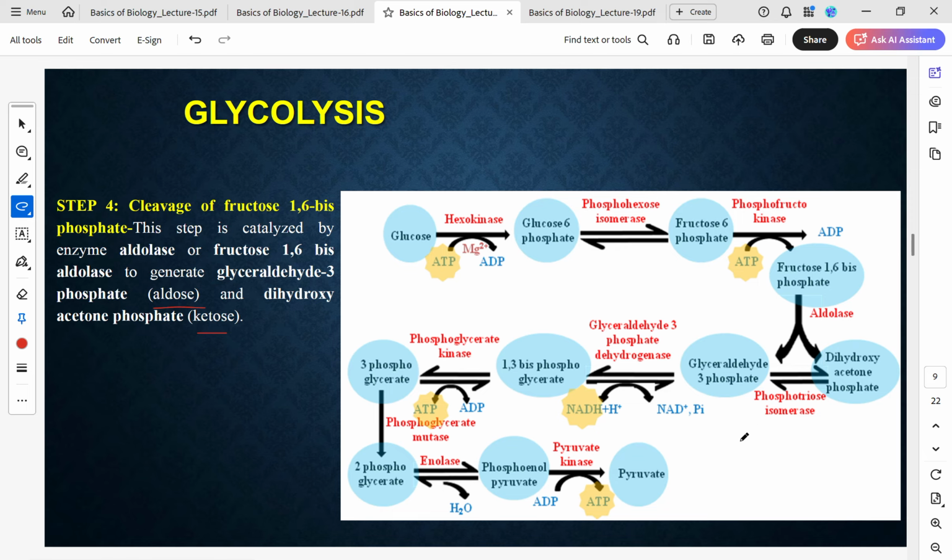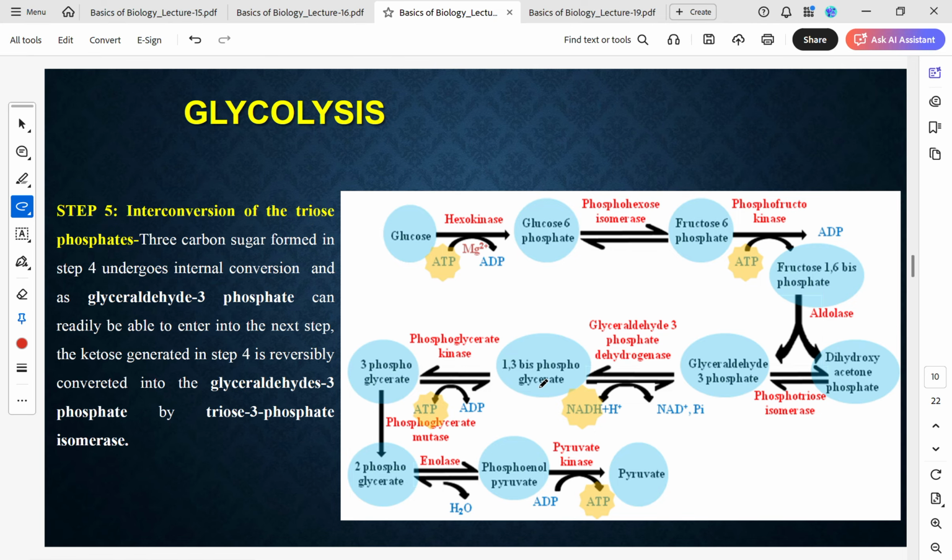Now we have two molecules of glyceraldehyde 3-phosphate which can be converted into 1,3-bisphosphoglycerate in the next step using dehydrogenase. Here one NADH molecule is produced which will later on go into the electron transport chain to produce ATP, but we will come to that later.